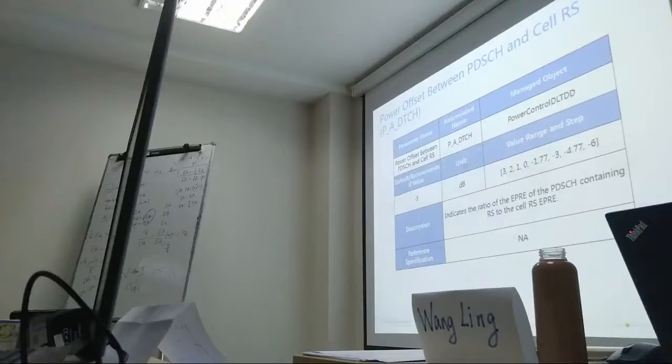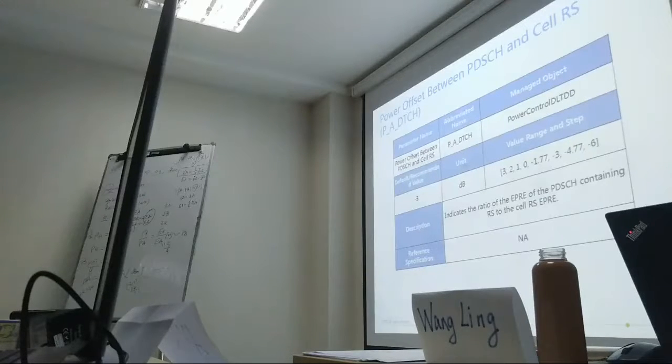And for the PA, we have these values: 3, 2, 1, 0, minus values. But we usually just use minus 3, 1, and 0, these pairs.